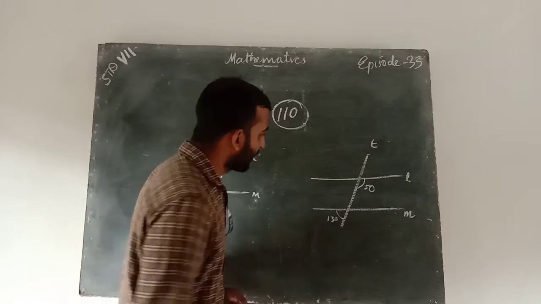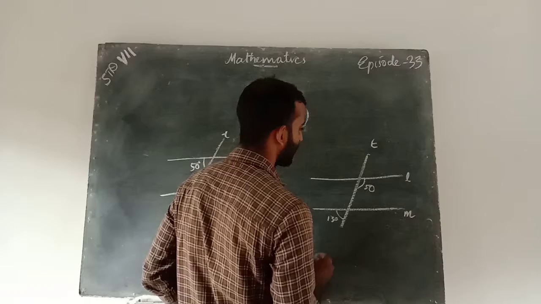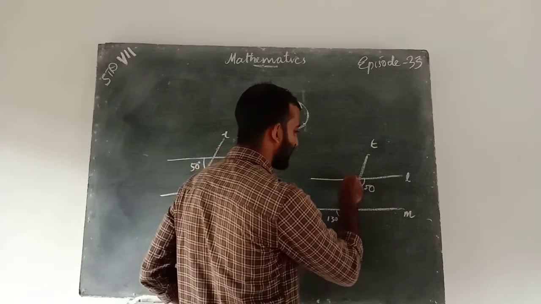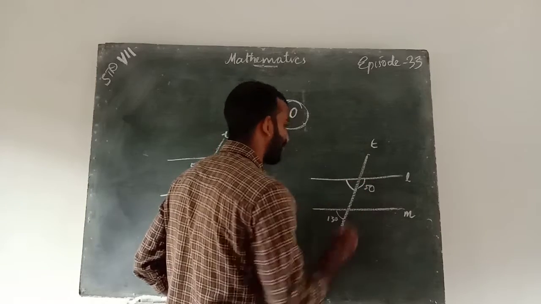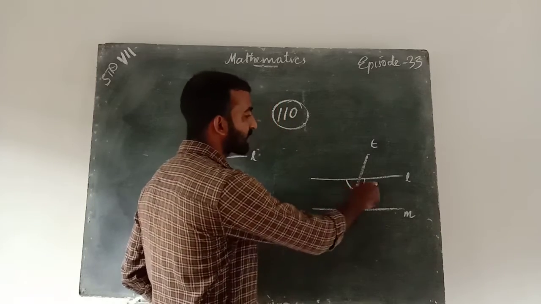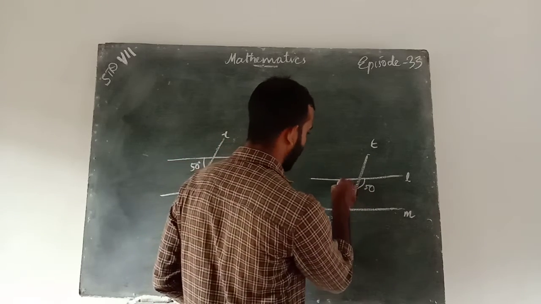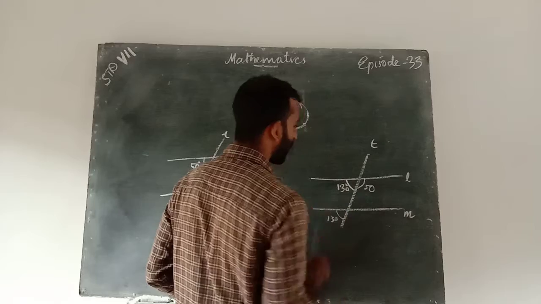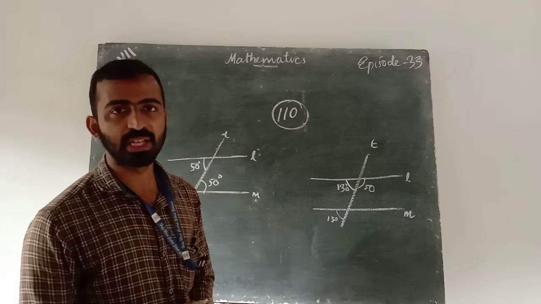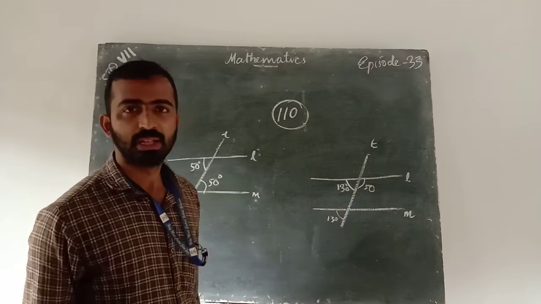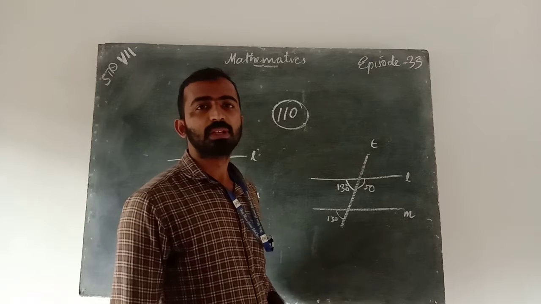Here we are considering these angles. What is the answer? Considering them as a linear pair, we can write this angle is 130 degrees. Why? Because a linear pair means the sum is 180 degrees.